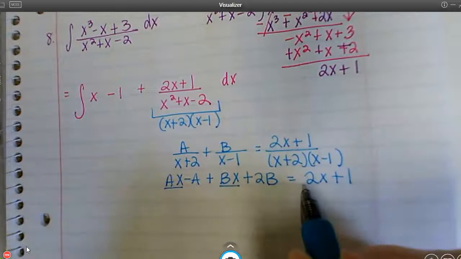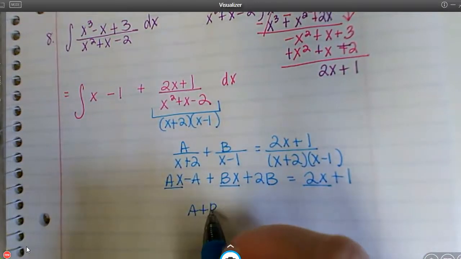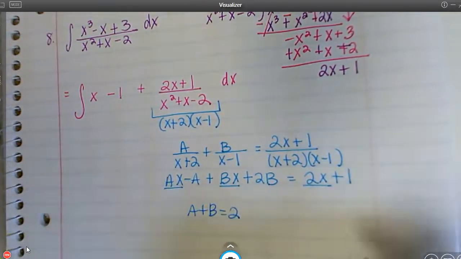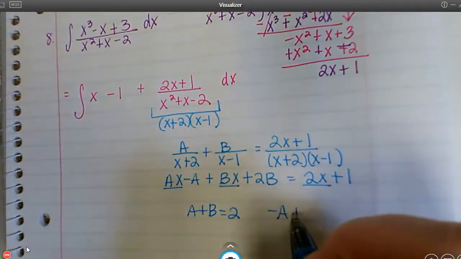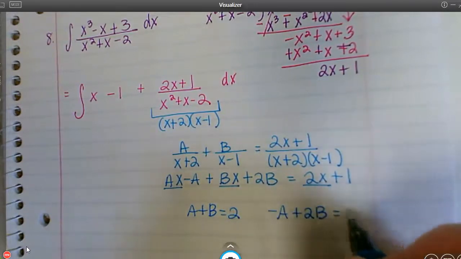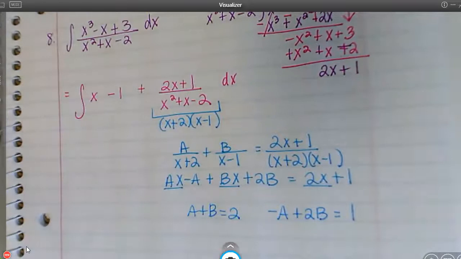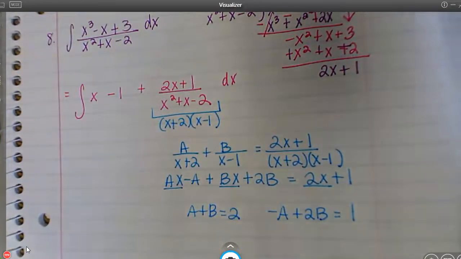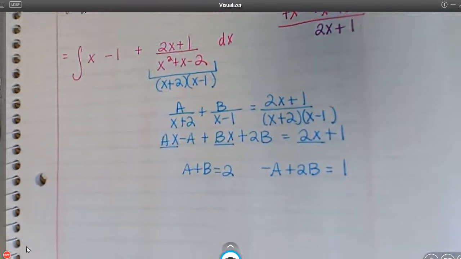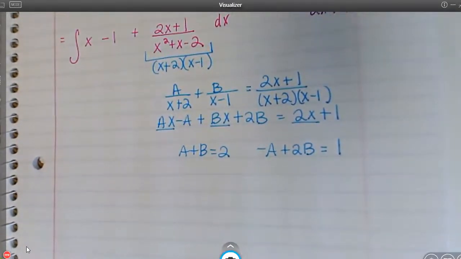Okay, everything with x goes together, so A plus B equals 2. And then the negative A plus 2B equals 1. And at that point, you can solve it however you want to. Again, I've told you before I kind of like elimination, but if you like substitution and would rather do that, that's fine.